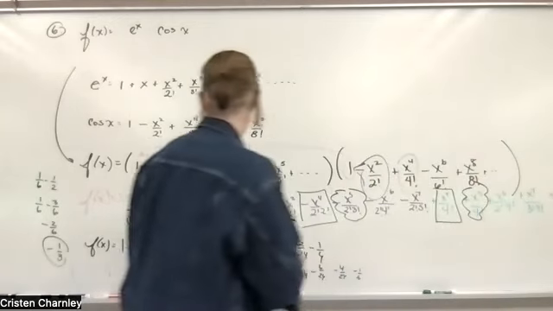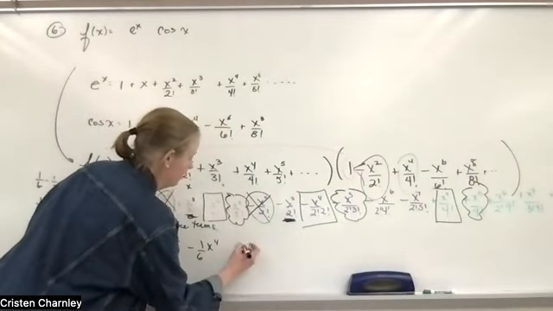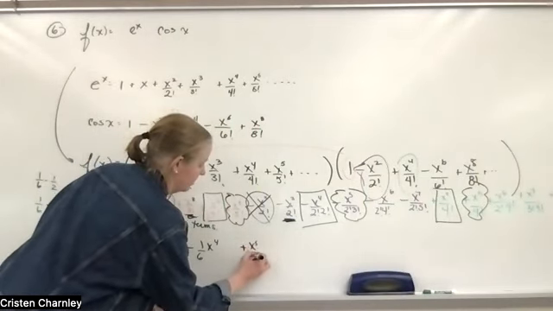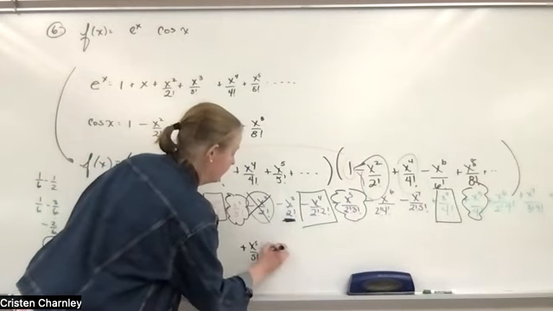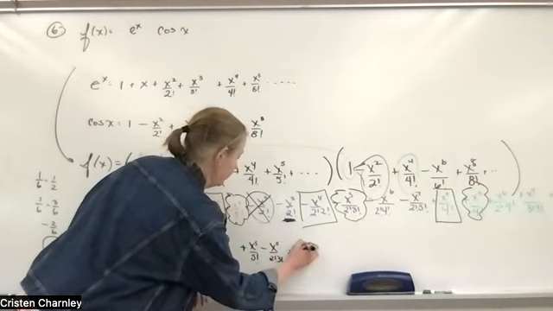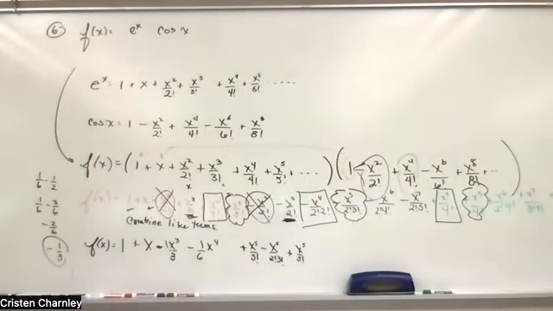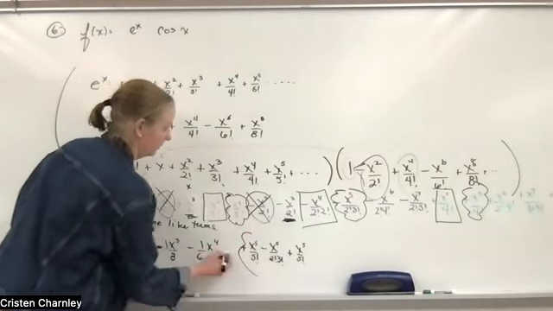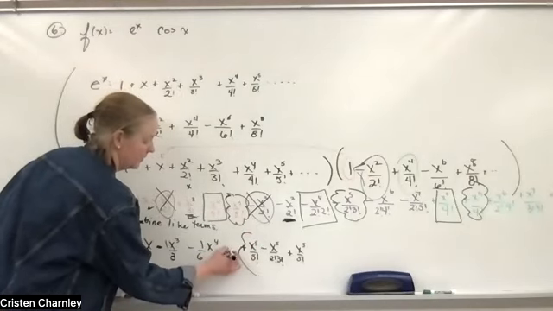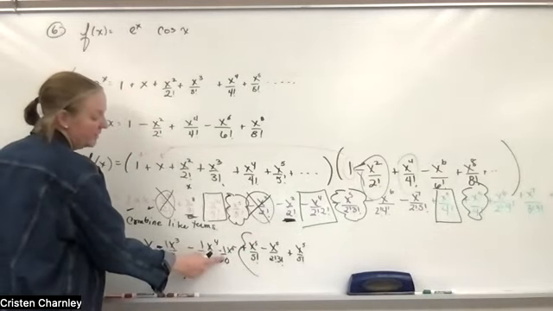Here's x to the fifth. This is -1/30 times x to the fifth.